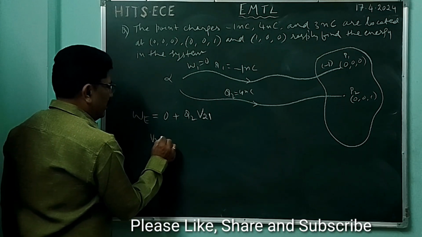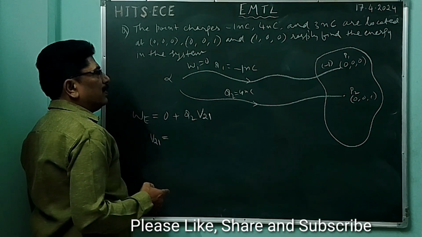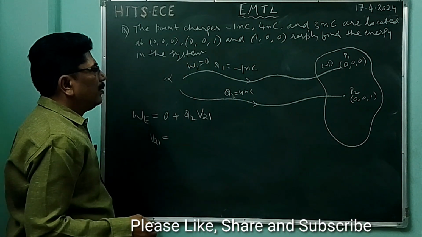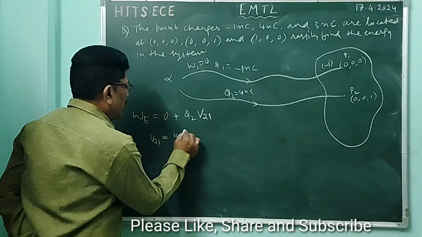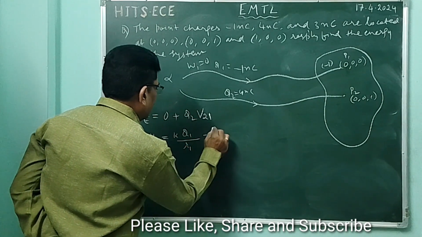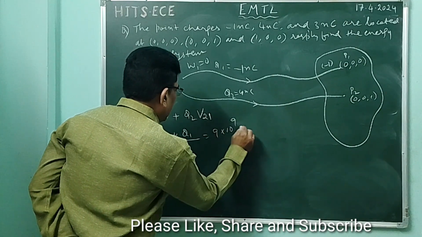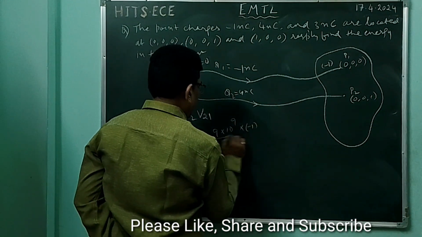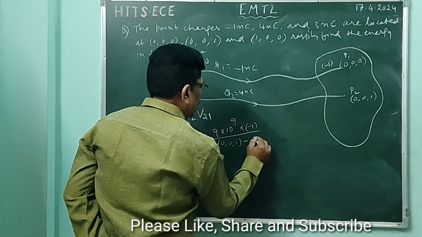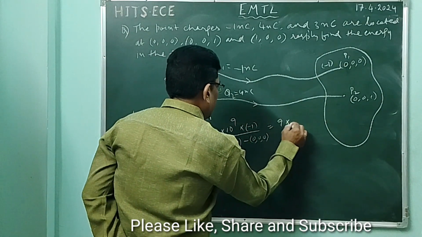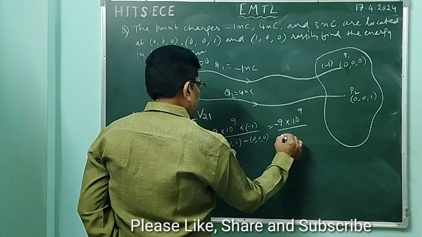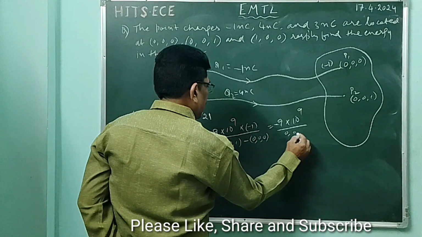So let us calculate Q2 into V21. What is V21? V21 is the potential at this point, K into Q1 by R1, which is equal to 9 into 10 to the power of 9 into Q1, which is minus 1, by R, which is the vector 0, 0, 1 minus 0, 0, 0.